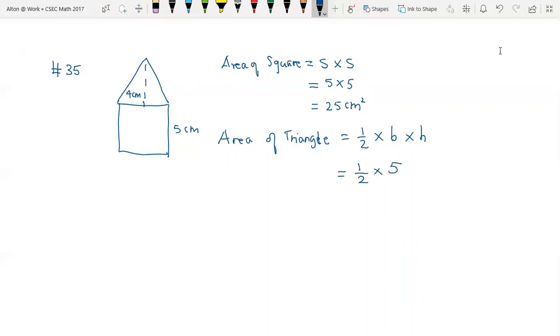The base is 5 centimeters and the perpendicular height is 4. So this will give us half of 4 is 10 centimeters square. So we can see here now that the total area will be 25 plus 10. That answer.